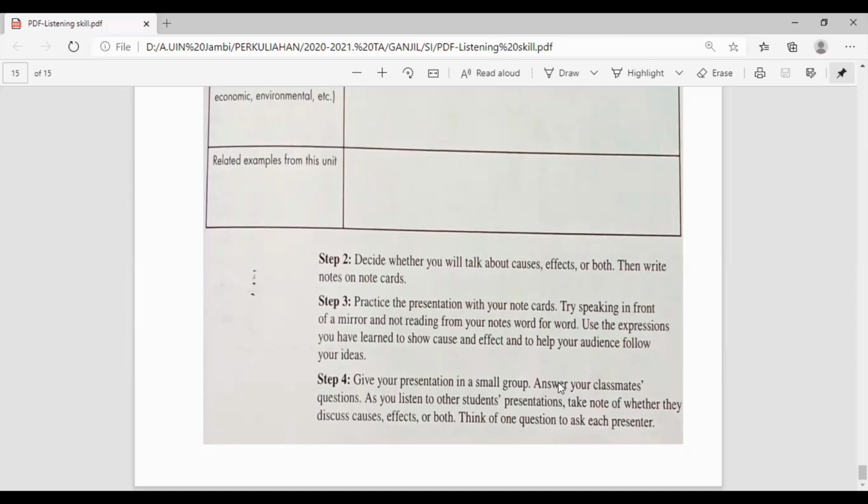Please record your presentation and share it to our group. And again, don't forget to show your notes to the camera before you sit down and do your presentation. And guys, as you listen to other students' presentations, take notes of whether they discuss causes or effects. Think of one question to ask each presenter.